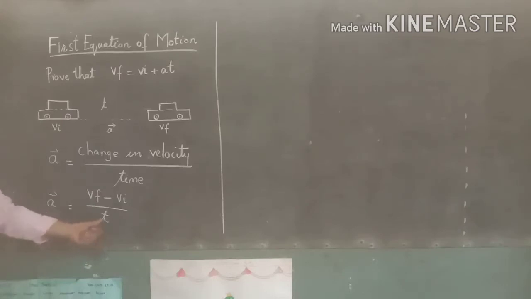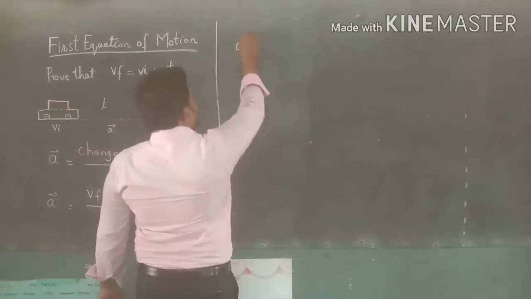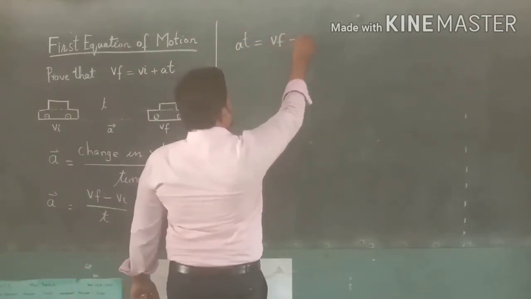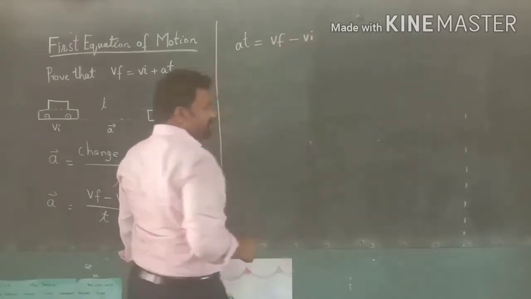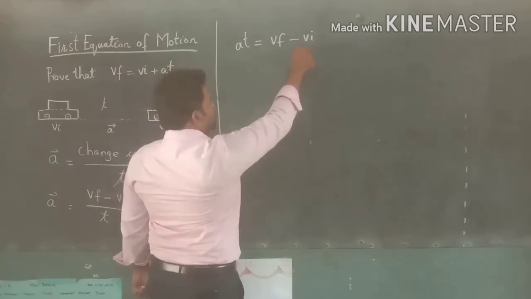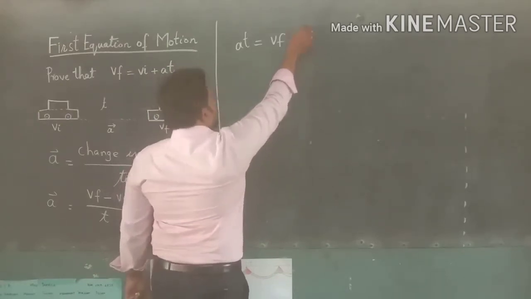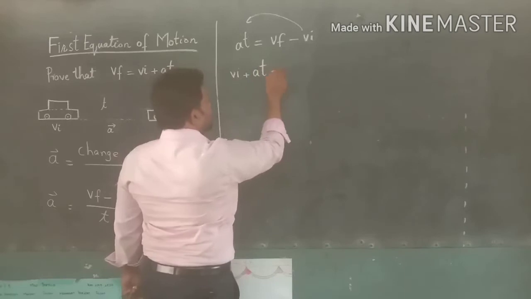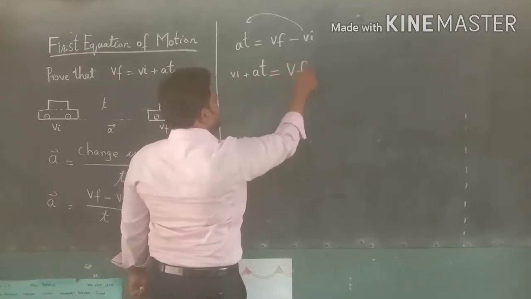Now we will rearrange this equation. t is dividing here. When t comes on this side, it will multiply with a. So we can write At is equal to Vf minus Vi. Vi is subtracting on this side, so when Vi comes on this side, we can write Vi plus At is equal to Vf.